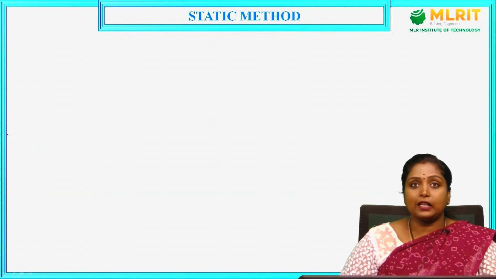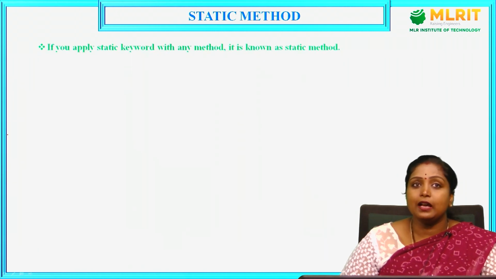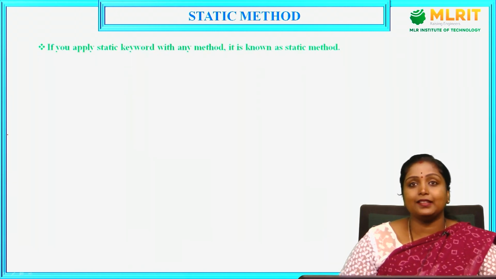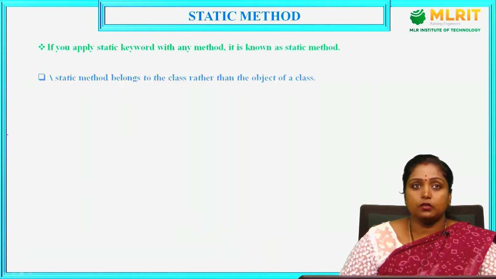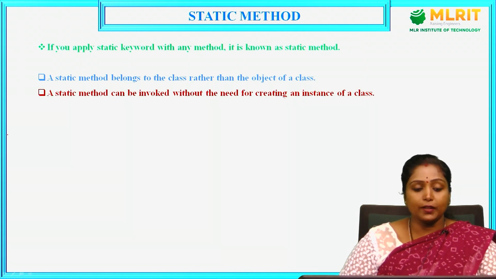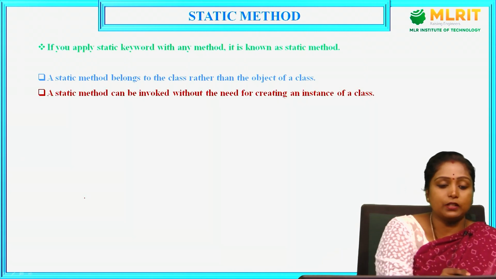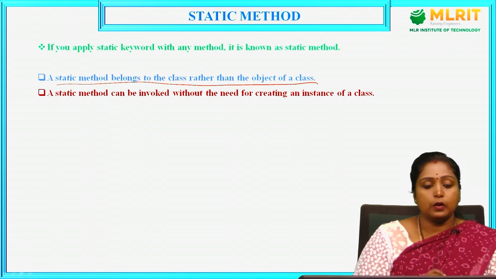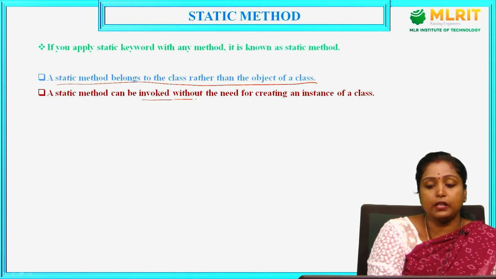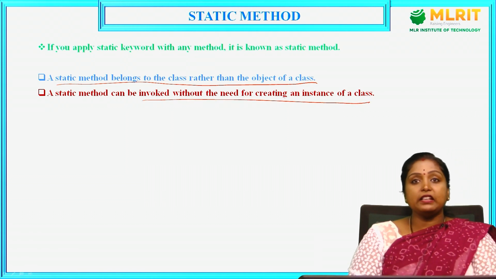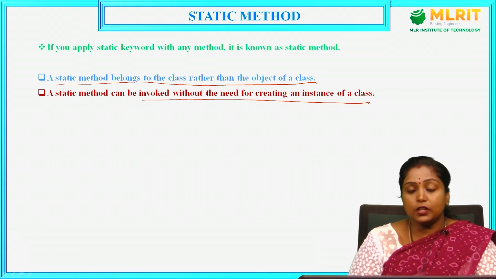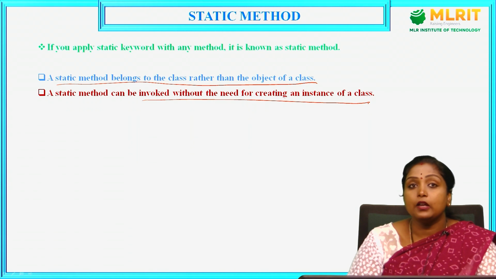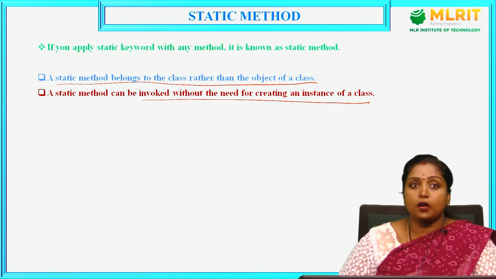Coming to the static method: when you declare a method as static, then the method is said to be a static method. A static method belongs to a class rather than an object of a class. A static method can be invoked without creating an instance of the class.